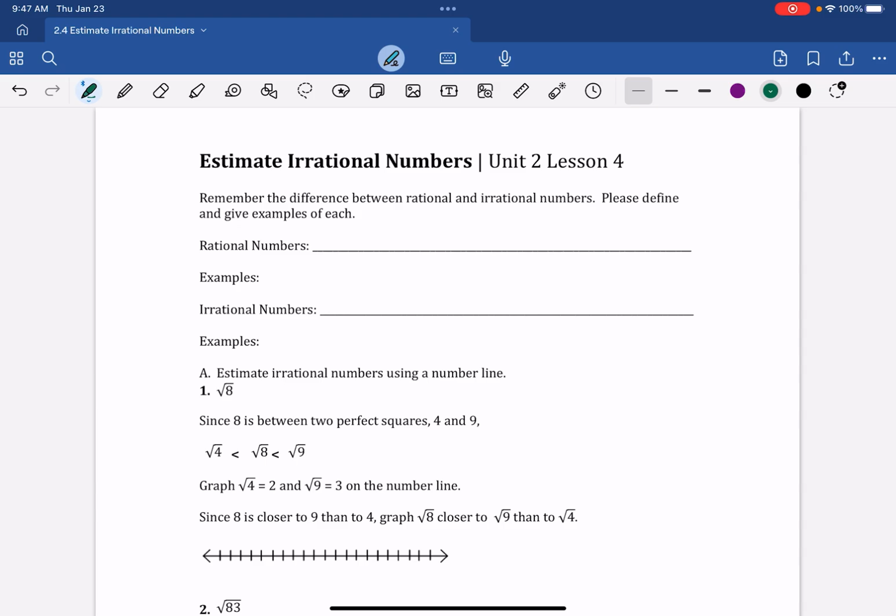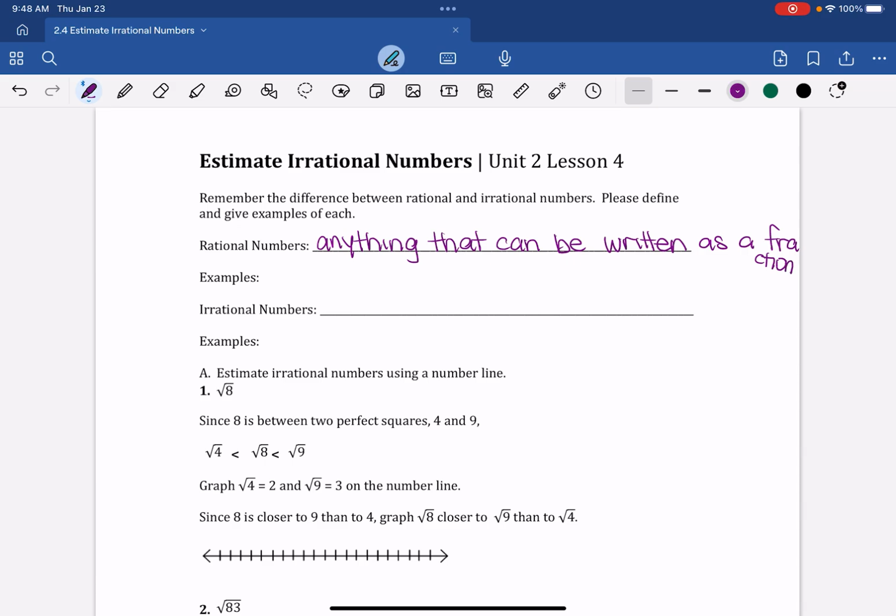So before we start estimating the irrational numbers, let's review what rational and irrational numbers are. So rational numbers are anything that can be written as a fraction.